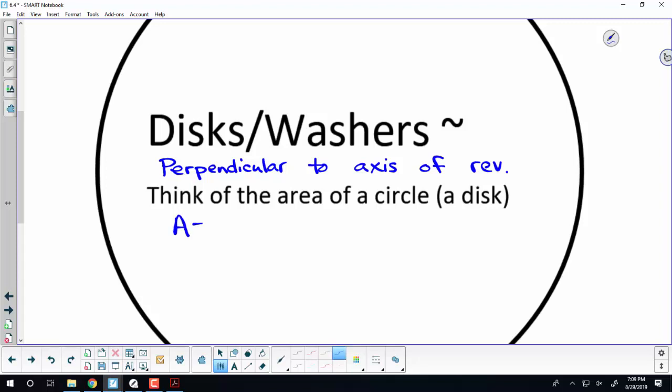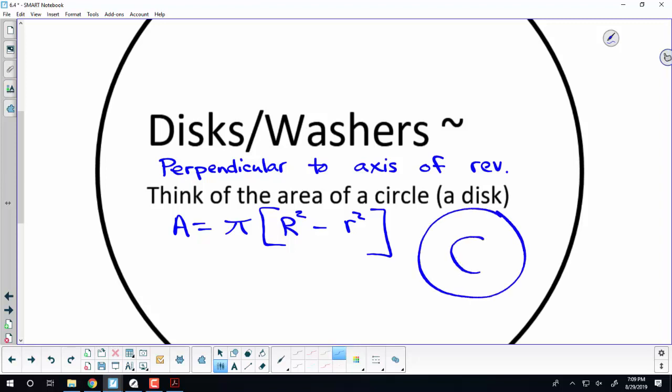So in general, the area was pi times the large radius squared minus the small radius squared. That's capital R.